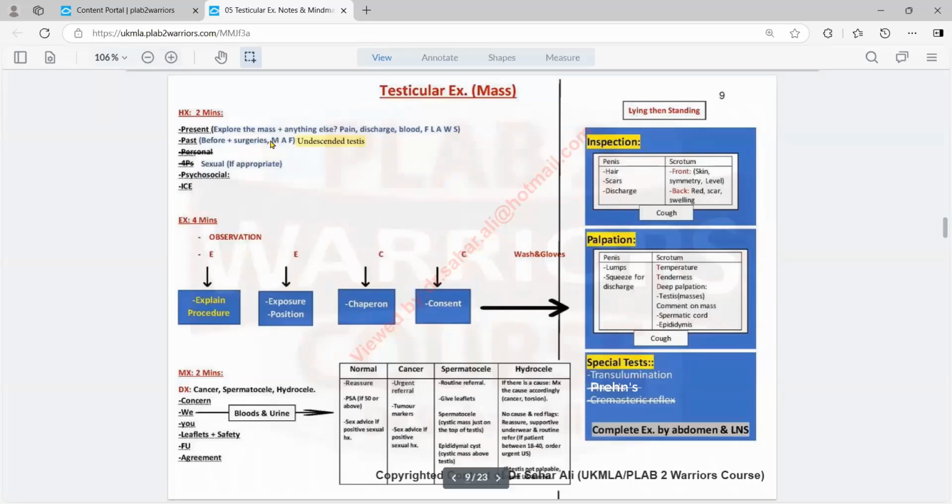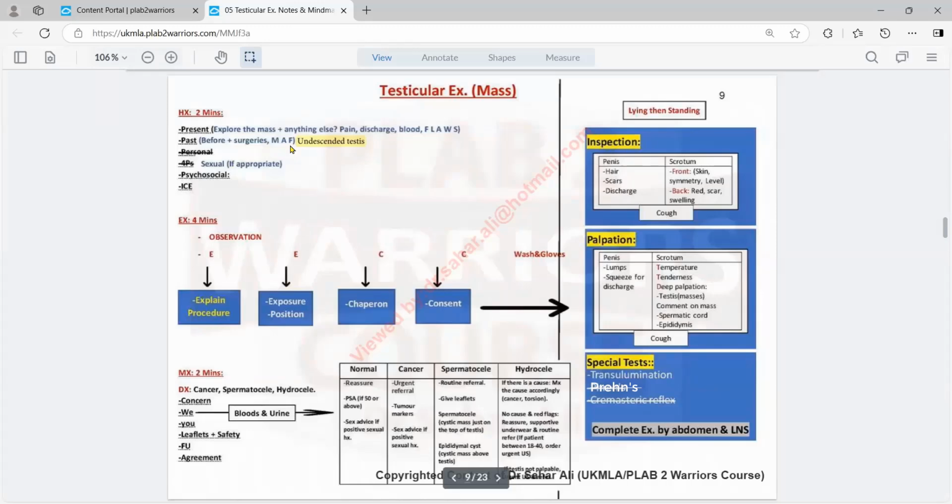Any medications that you are on. Allergies is not important at all. Family history is important in cancer. All right, so you can ask any family history of cancer in the genitalia or testicular cancer, especially if the patient is concerned about cancer.